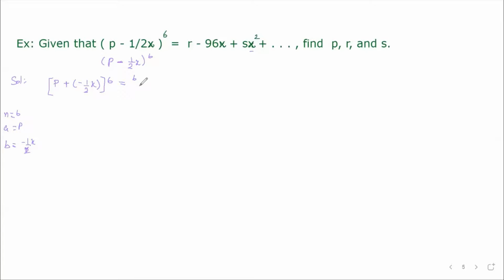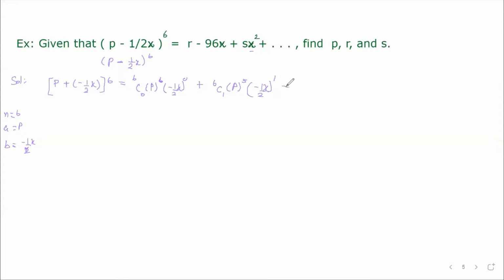So 6C0, correct? And then a is p, so 6 minus 0 becomes 6, and then b is negative 1 over 2x to the power 0, plus 6C1 p to the power 6 minus 1, which becomes p to the power 5, and this one is going to be 1 over 2x to the power 1.